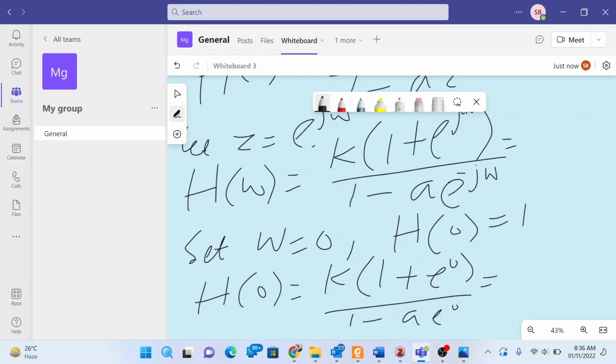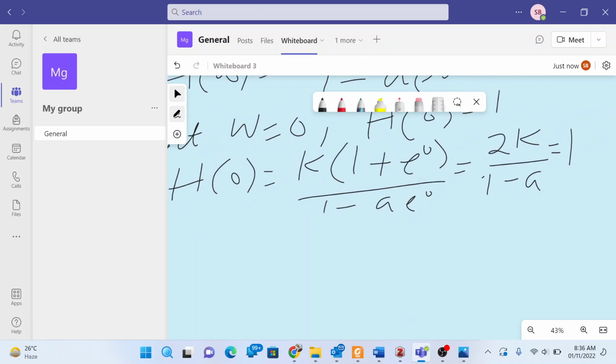Now e raised to power 0 is 1, so this becomes 1 plus 1, 2K, all over 1 minus a, and that is equal to 1. From this we know that the value of K is equal to 1 minus a all over 2.